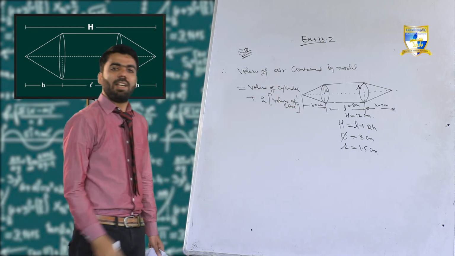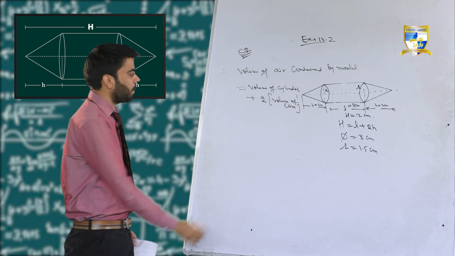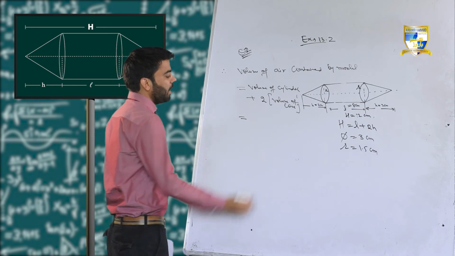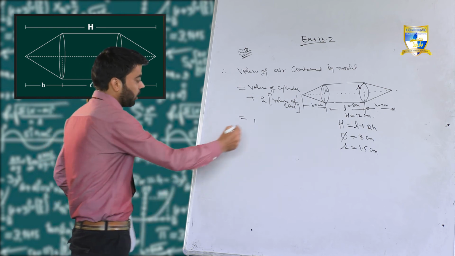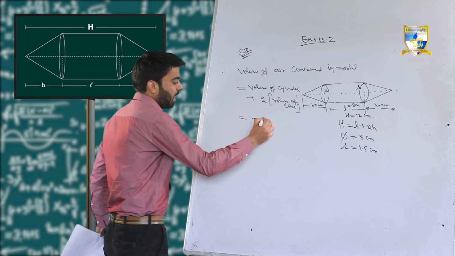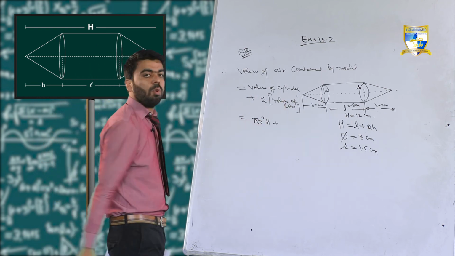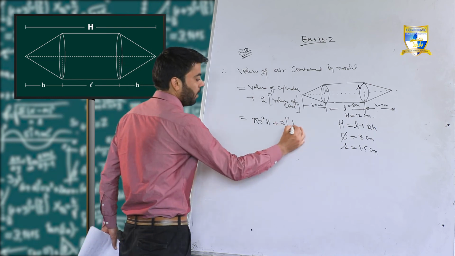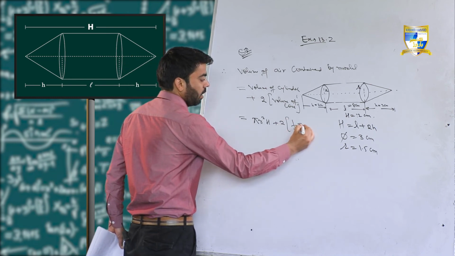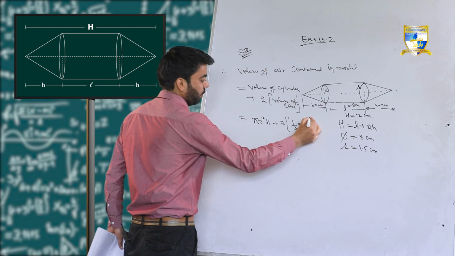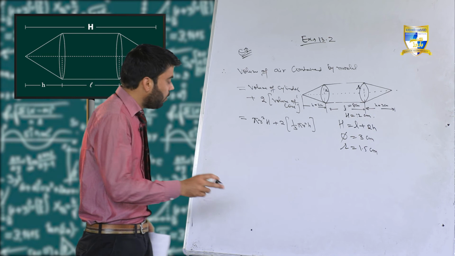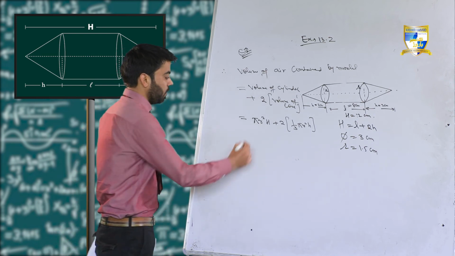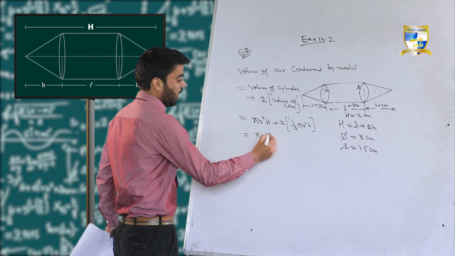So volume of cylinder, we know that. What is that? That's pi r square h, plus volume of cone, that is 1 by 3 pi r square h. That's the volume of the cone, and the volume of cylinder is equal to pi r square h.